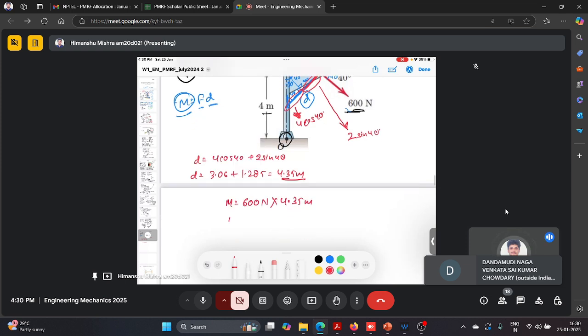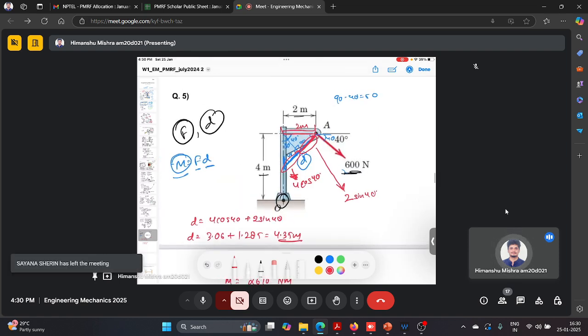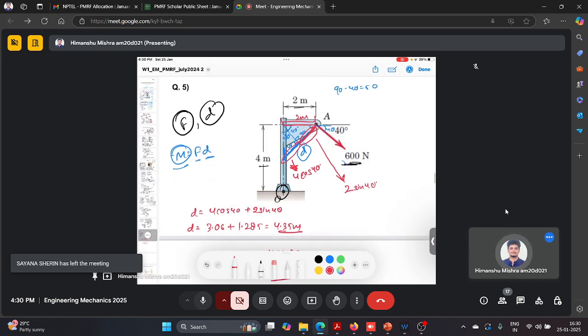So my moment will be 2610 Newton meter. As we discussed here, in order to calculate the moment, we need a perpendicular distance and force F. We calculated the perpendicular distance from trigonometry, which is 4.35 meter, from 4 cos 40 and 2 sin 40. Once we get the perpendicular distance of this force, we can calculate the moment easily.